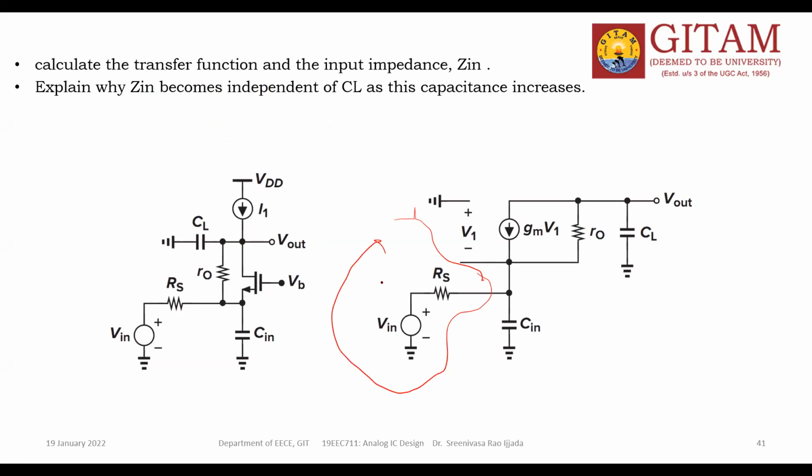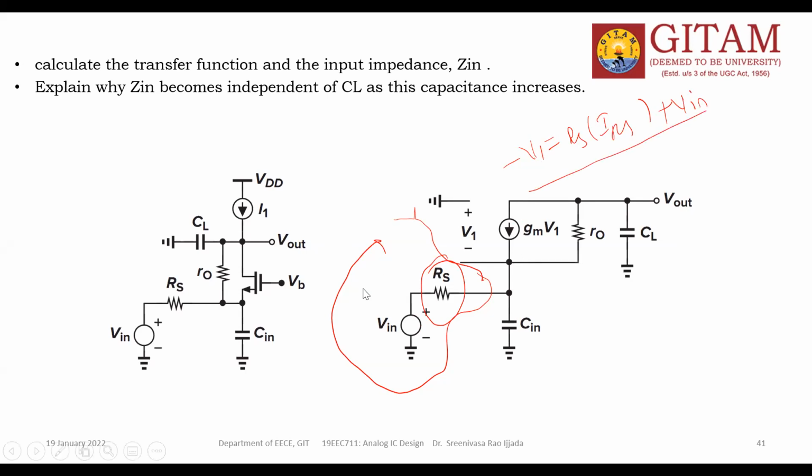If you write the KVL equation, going from minus to plus, minus V1, and plus the drop across RS, which is RS multiplied with the current IRS, from plus to minus, then plus V in. This is the equation.